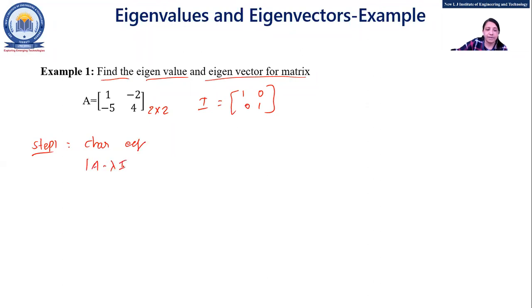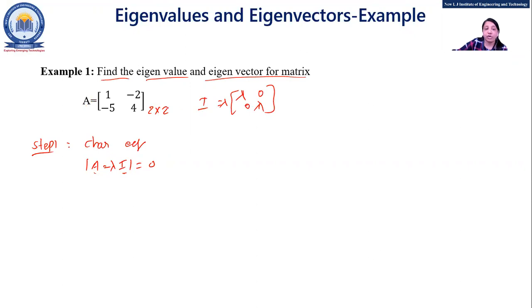My characteristic equation is A minus lambda I equal to 0. This is the A matrix and this is I. Lambda I don't know, so I'll keep it as is. Lambda will be multiplied with the I matrix, so obviously it will become lambda here and lambda here.